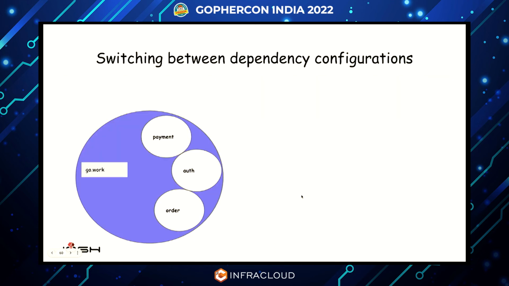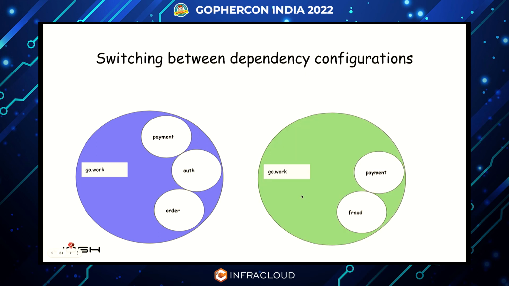So there is some more to workspaces. We can switch between dependency configurations. So what is a dependency configuration? Sometimes you intend to test some of the services with a particular version or a local change, and some of the services you can still point to Git. So you can have different dependency configurations.